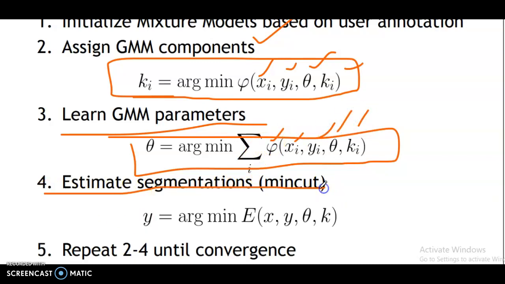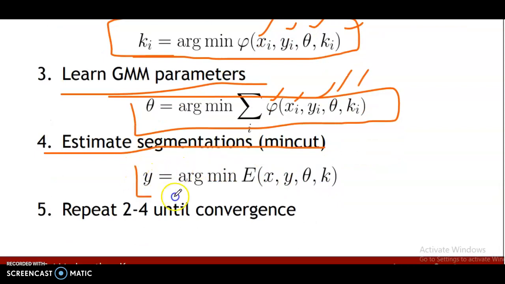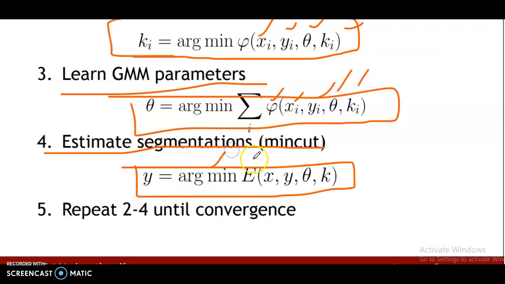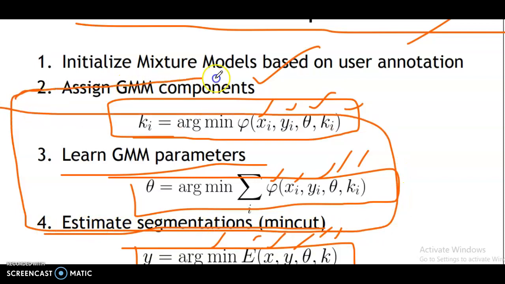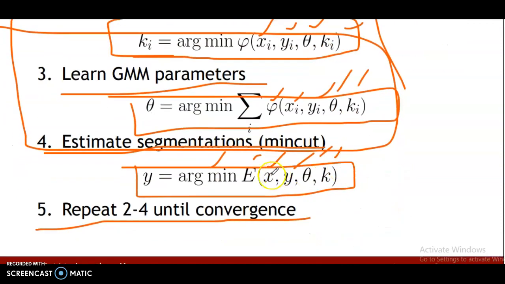Estimate segmentation by minimum cut: y equals argmin of E of x, y, theta, k. Repeat steps 2 to 4 until convergence.